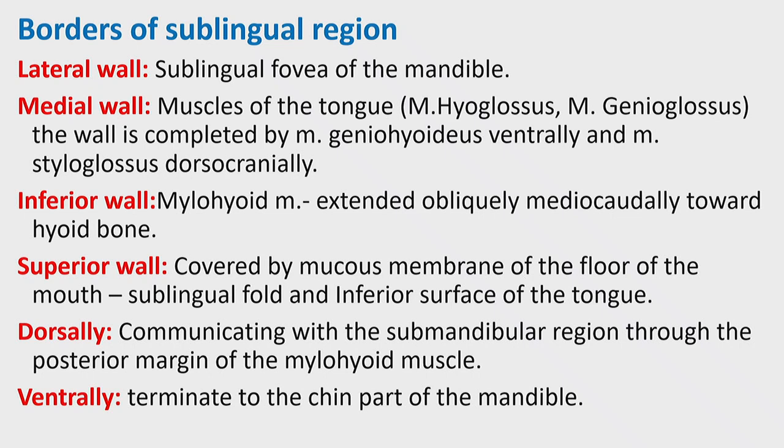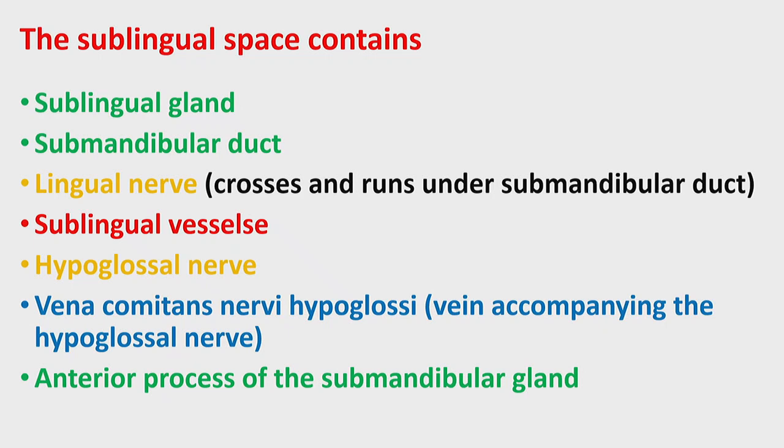You need to know these borders, dentistry mainly, and this is the content that we already mentioned: the sublingual gland is located, the submandibular duct is located, the lingual nerve is located, the sublingual or lingual vessels that give these sublingual branches, the hypoglossal nerve and the vein accompanying the hypoglossal nerve, and the anterior process, or this hooked part, of the submandibular gland.